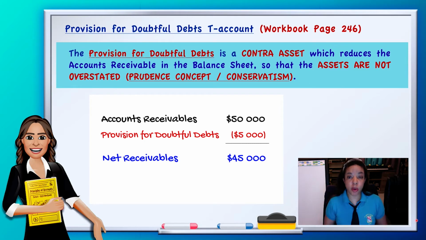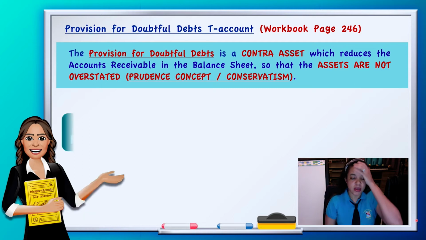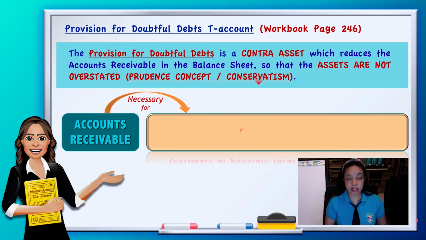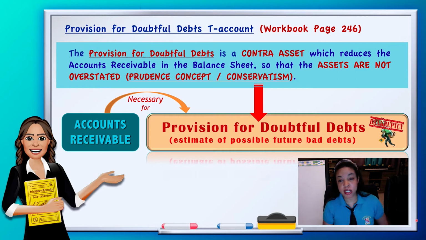But we have informed our users of the possibility, the probability, and that is what we need to do as accountants. So after that really long explanation, just to let you know once again why we do what we do, in summary, it is necessary for us to reduce the receivables in the balance sheet in the form of a provision for doubtful debts, which is an estimate of the possible future bad debts.